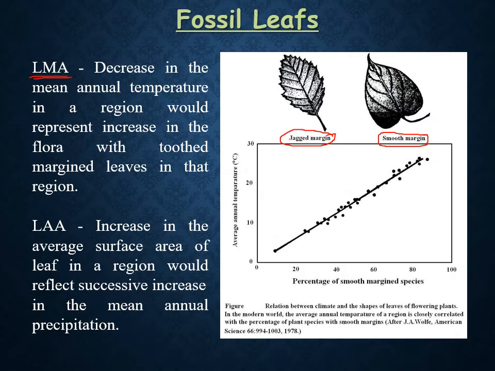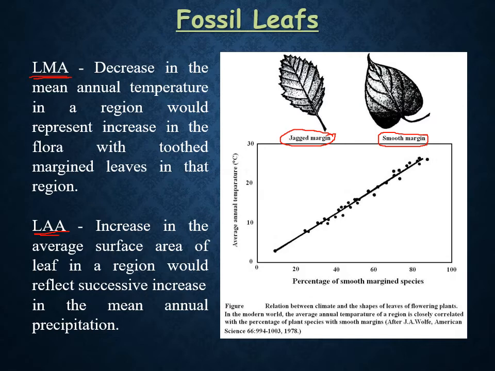Similarly, another analysis is the leaf area analysis. This leaf area analysis gives us an indication about the average annual precipitation or average annual rainfall. When we get higher surface area of leaf in any region, that will reflect higher amount of annual precipitation.